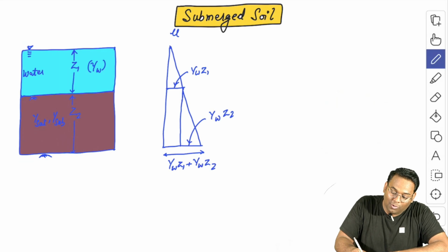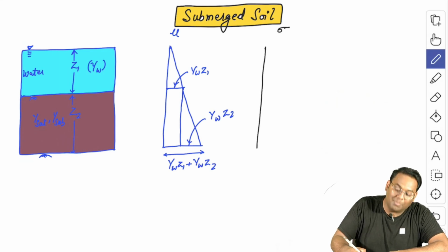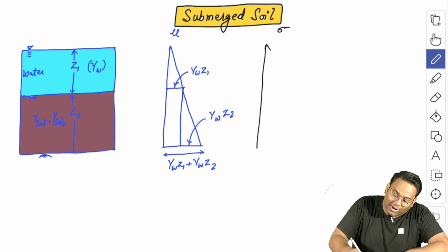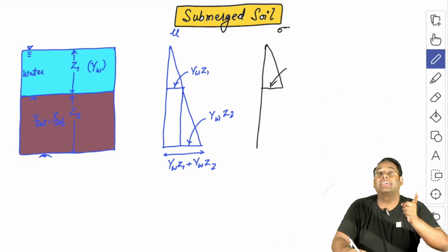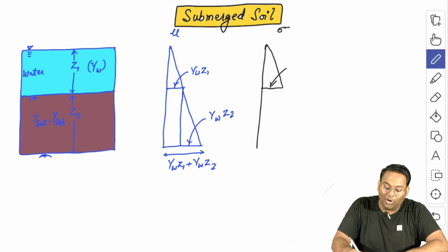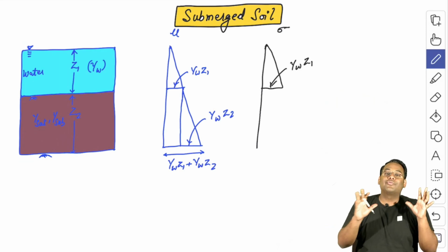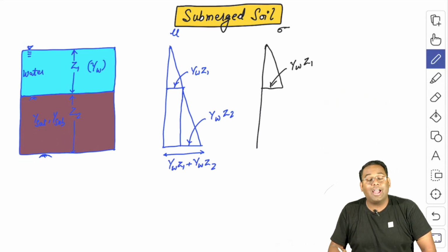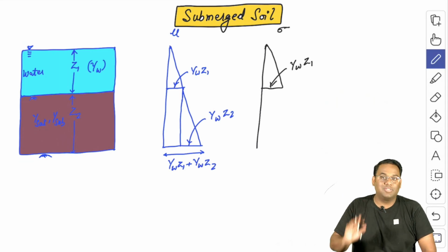So if I plot the total stress, as water is also part of the soil, the water pressure will also be part of the total pressure. Here, as there is no solid, stress will increase only because of the unit weight of the water, that is gamma W into Z1.